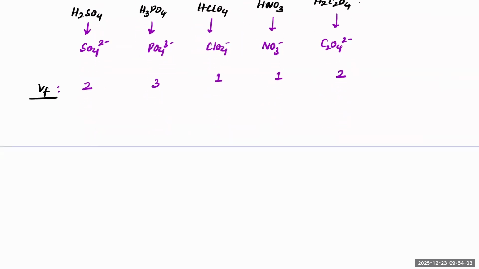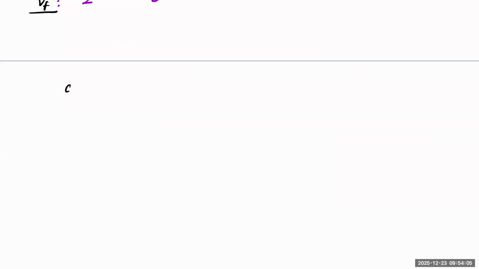Now, let me show you some other cases. For example, if you take CH3COOH, if it loses H plus, it will become CH3COO minus. Next, I have H3PO3. If this loses H plus, it will become H2PO3 minus.